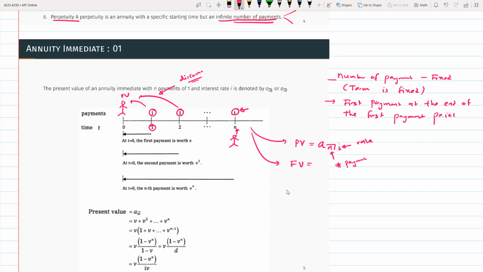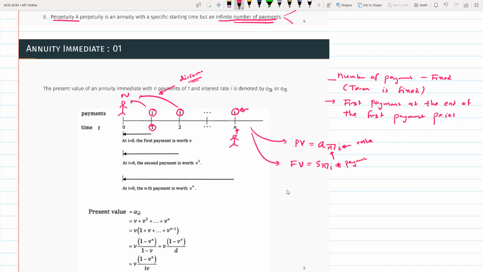And this is for annuity immediate. And the future value uses the notation s angle n at i. You need to really remember this notation because these are used in actuarial science all the time. So you have to be very familiar with this notation and know what they mean.